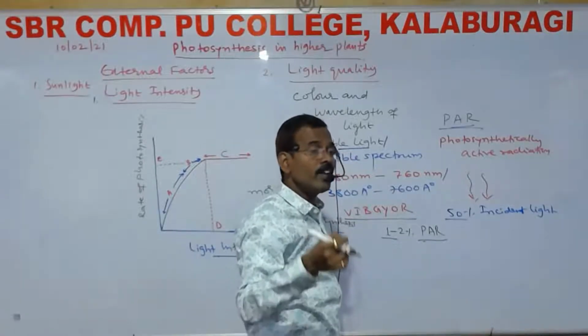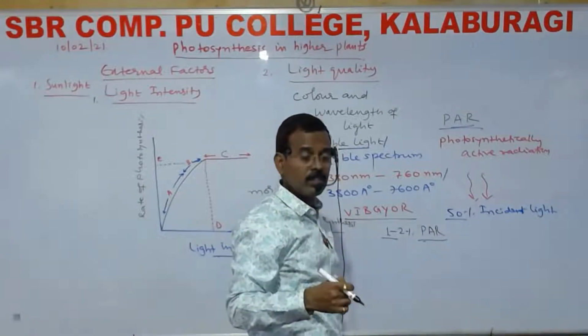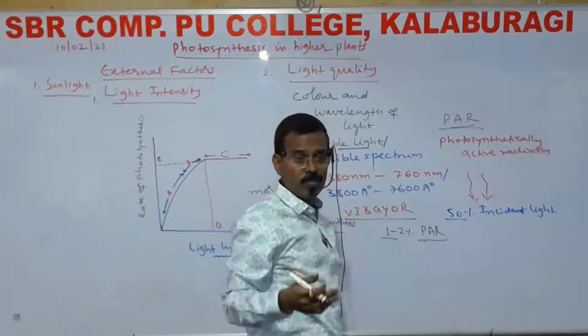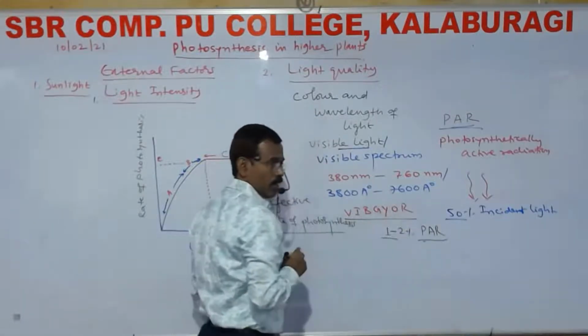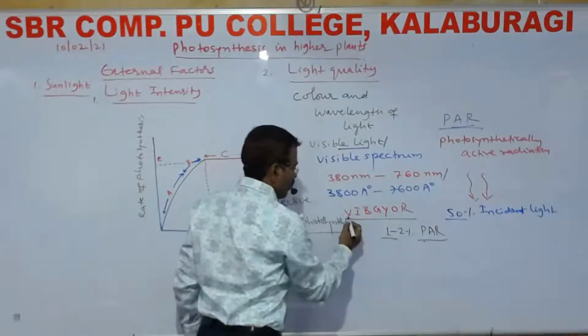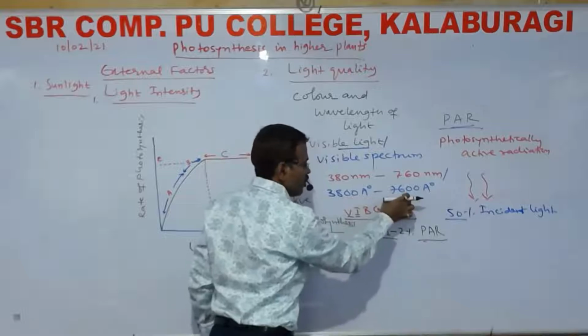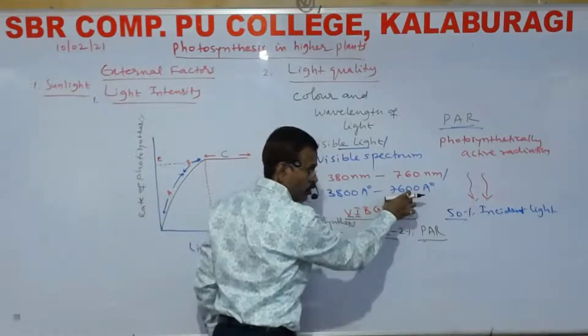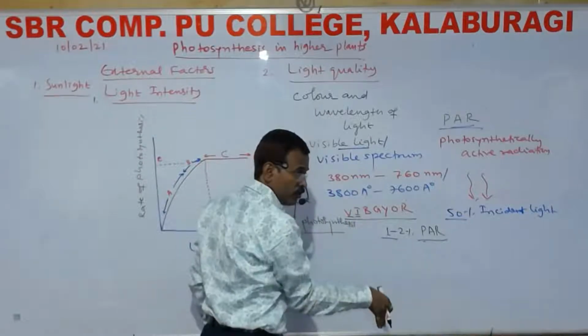Actual incident radiation of the solar electromagnetic spectrum utilized by the plants in photosynthesis. So these different colors and wavelengths of light, see, these have shorter wavelength. These have longer wavelength. Shorter wavelength, higher penetration.